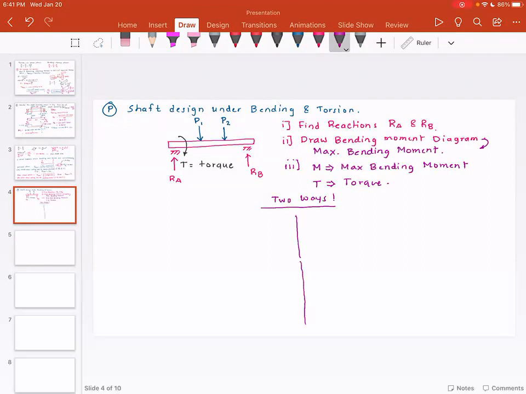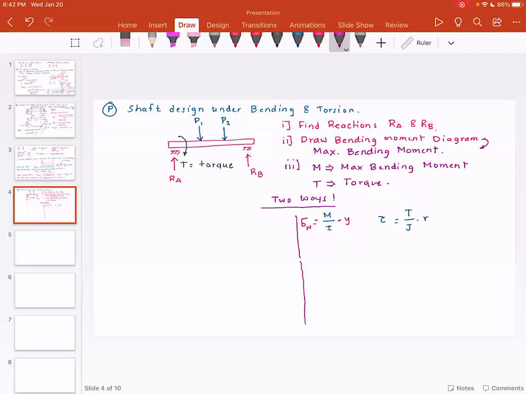So what we do is, first and foremost, from the bending moment, we find out the bending stress. The equation that we use is M divided by I multiplied by Y. That gives me sigma n. The second equation is the torque equation, T divided by J multiplied by R, which gives me the shear stress due to torque.